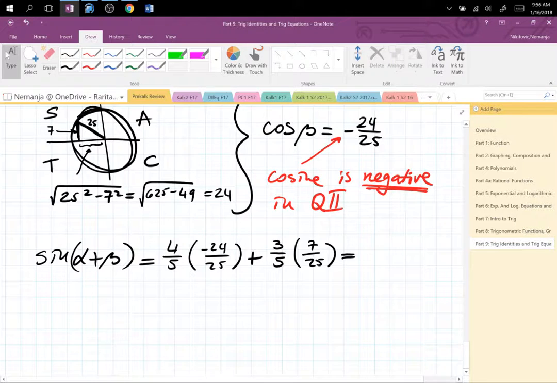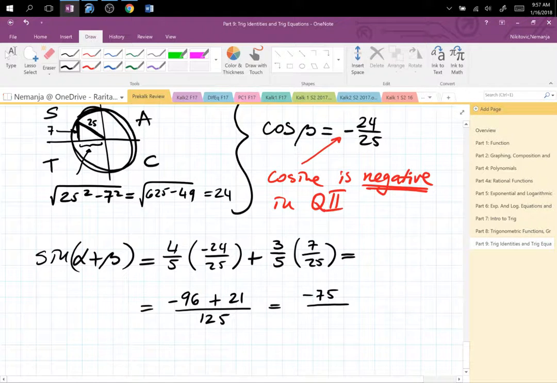And there you go. So 4 times 24, that's negative 96, plus 21, divided by 125, 25 times 5. And when you add 21, you get negative 75 over 125. We can cancel by 25, get negative 3/5 as the answer.